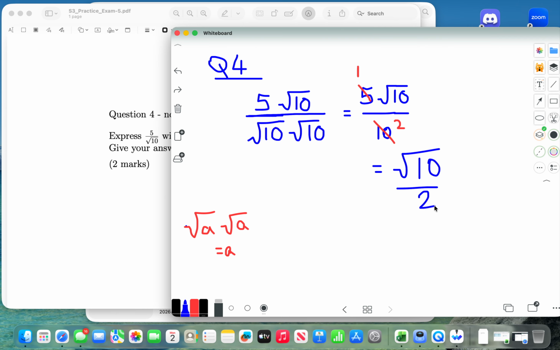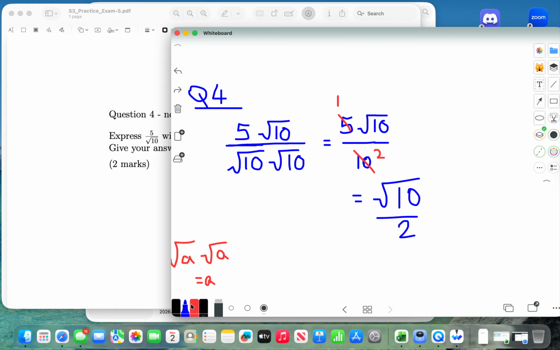Last thing to check is, can we simplify root 10? Now what I mean by that is, are we able to write 10 as the product of two numbers such that one of the numbers is a square number and we can't use 1?